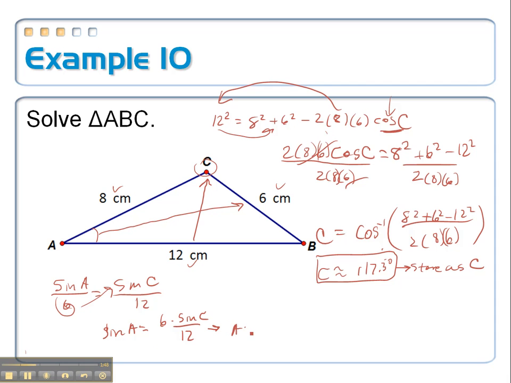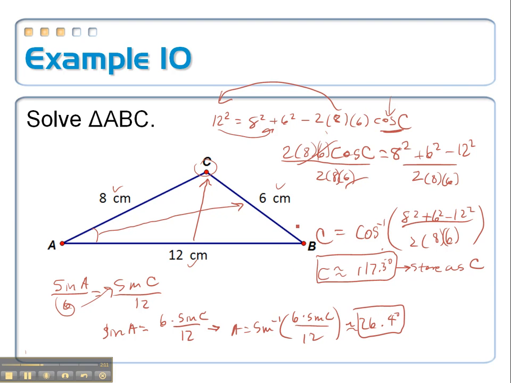A equals inverse sine 6 times the sine of C all over 12. When I punch that into the calculator, I get about 26.4 degrees. So now the question is, how do I find B?